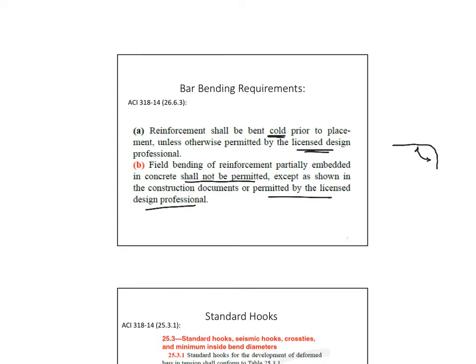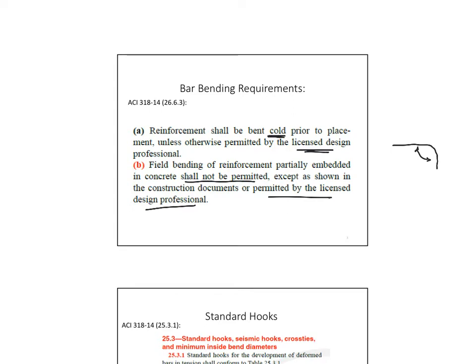That means that you cannot really cast your concrete, place your reinforcement, and then apply the bending afterward. The main reason for this is because bending changes the shape of the bar.